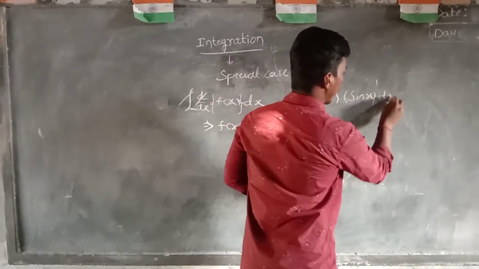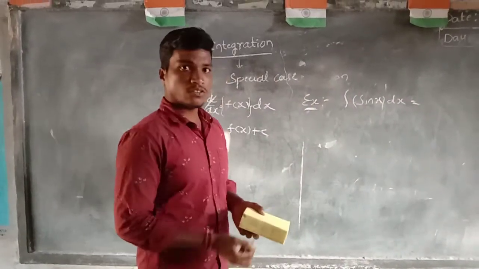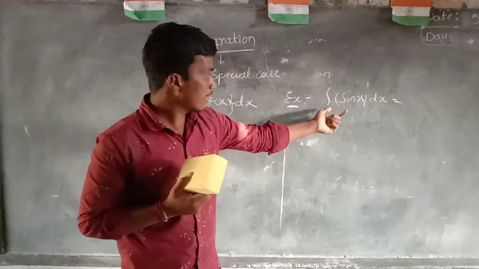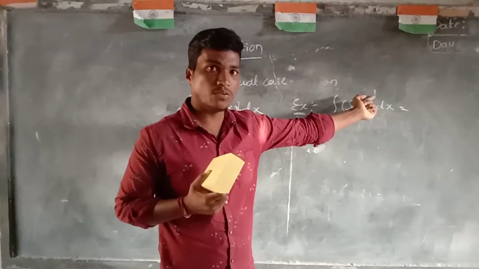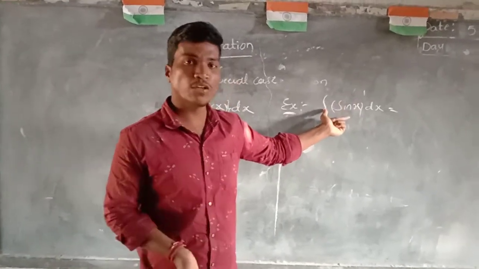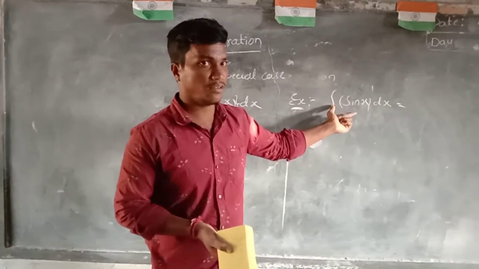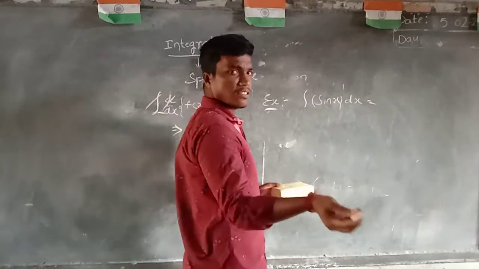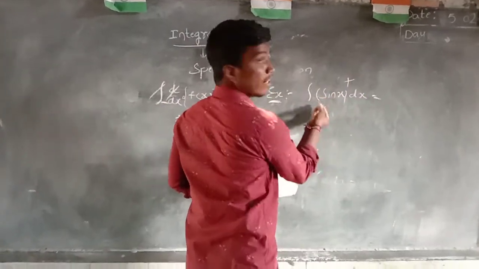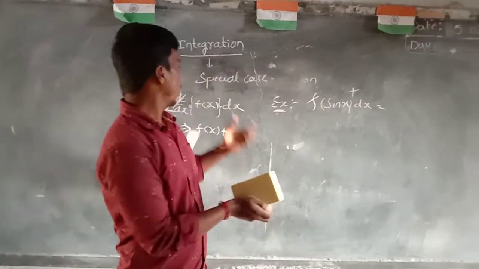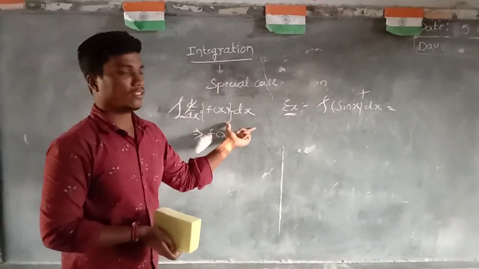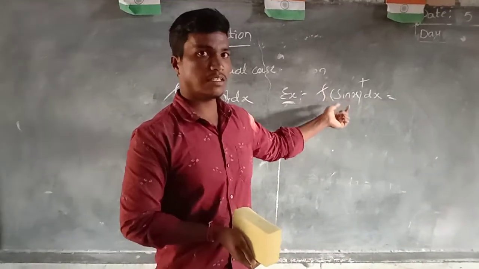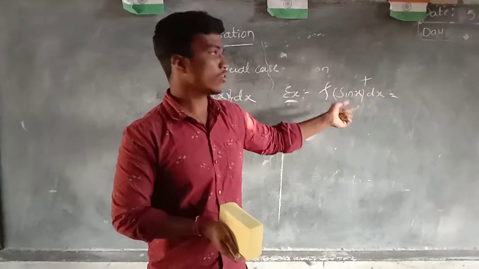Here this is integration and this one is the derivative. The integration of sin x is minus cos x, but here the derivative is applied, so we cancel this derivative and this integration for this special case. This special case happens here, so these two are nullified or cancelled.